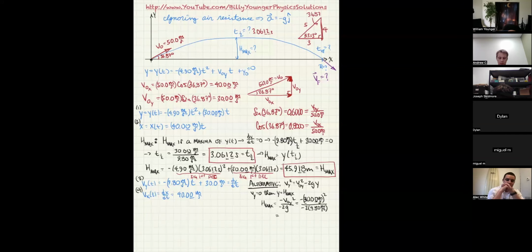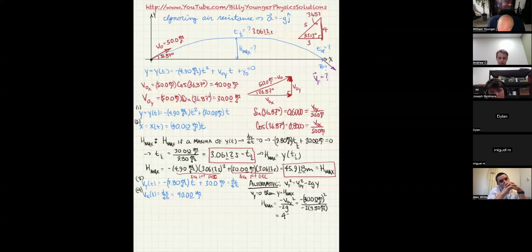And we get H max, of course, equal to, notice the negatives cancel out, 30 squared divided by parentheses 2 times 9.8. And lo and behold, I get 45.9184, and so on and so forth. So we see that we get exactly the same expression and exactly the same number we got before.